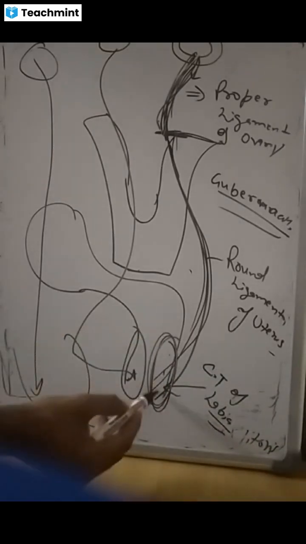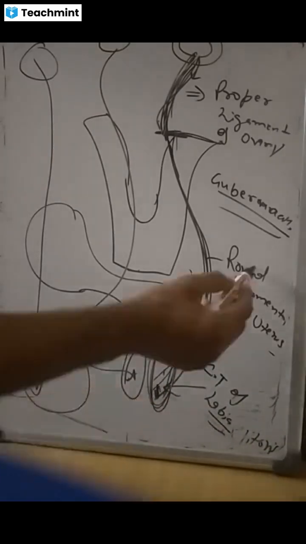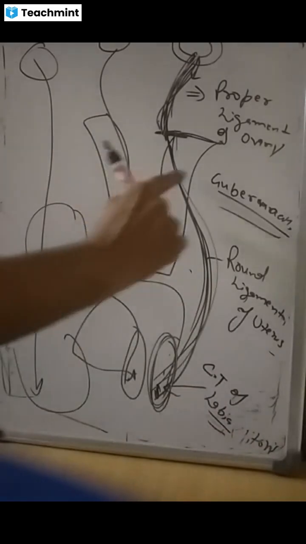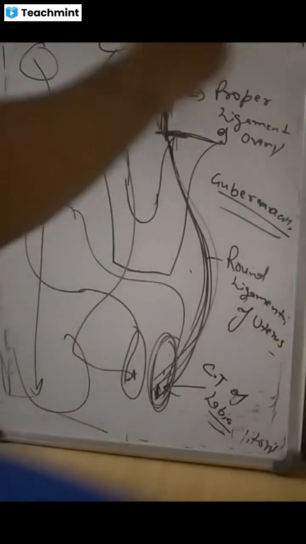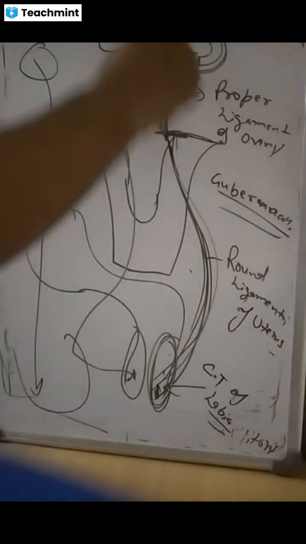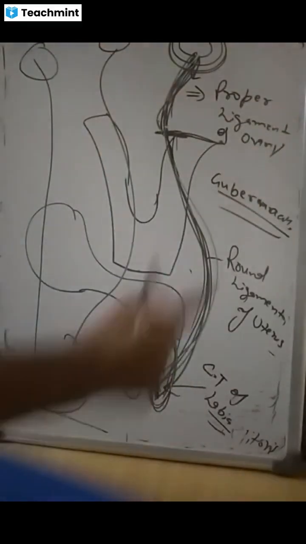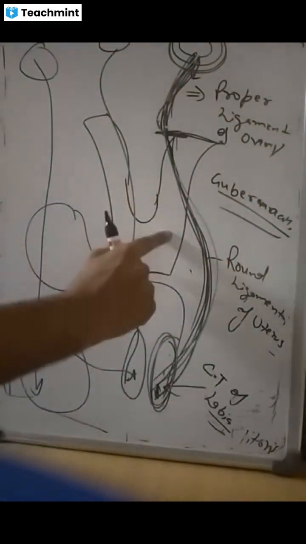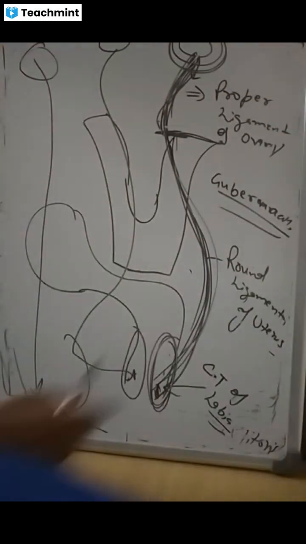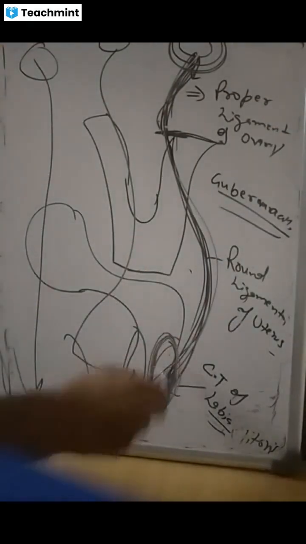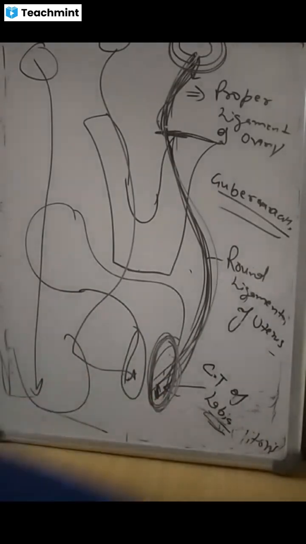These are the labia where it ends, and from where it is coming, attached with the ovary. The proximal part will remain as a remnant from the ovary, and the distal part as the round ligament of the uterus in the connective tissue of the labia.